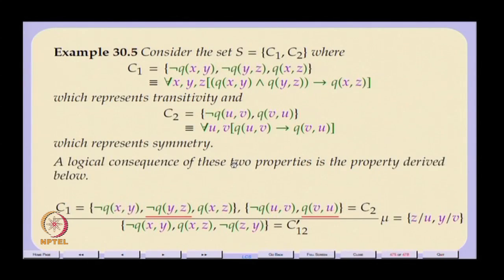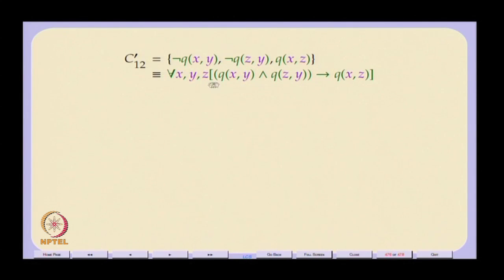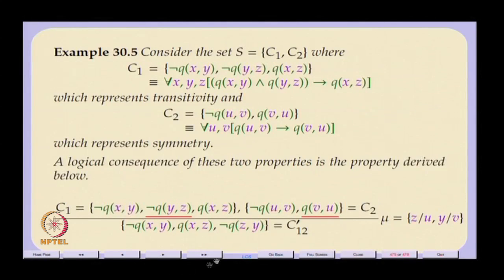A logical consequence of these two is something which says for all x y z, q x y and q x z, then q y z. So, there is a permutation of the bound variables, right. So, that is what this is. Okay. So, what you do is you just find the most general unifier.